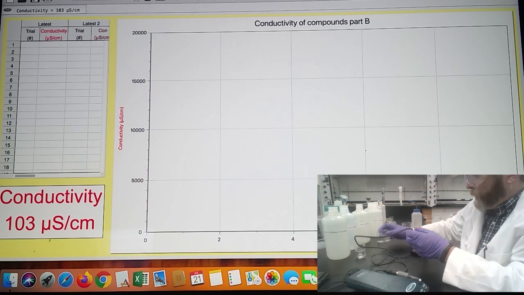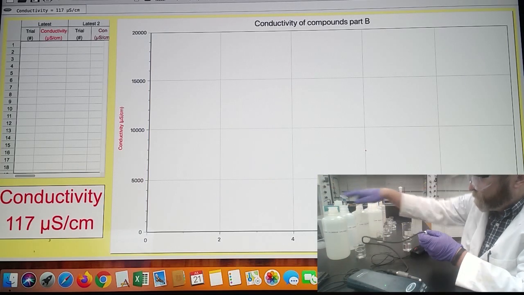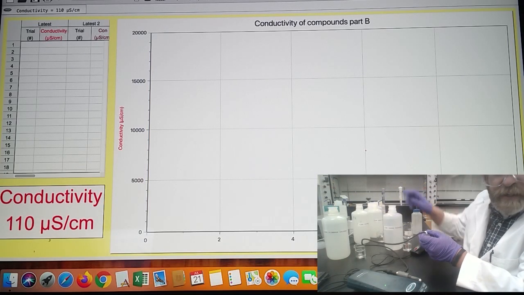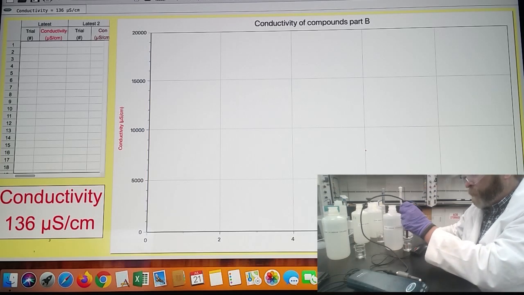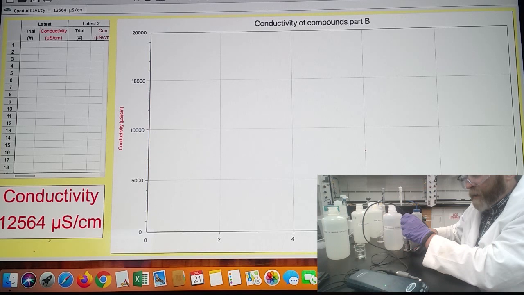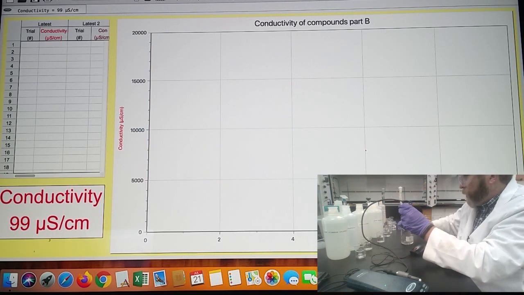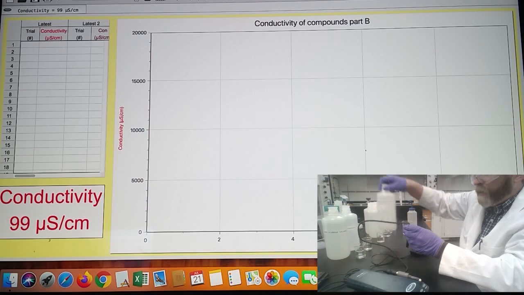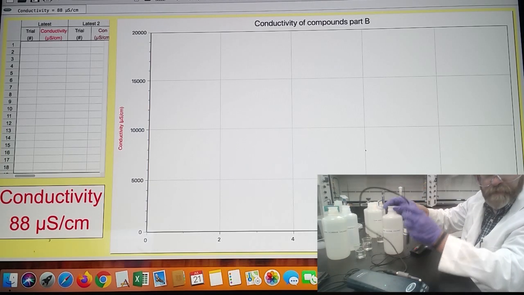Our next substance is sodium phosphate, seen here on the bottle. We're going to put it into the beaker now. And you can record your value now for sodium phosphate. Our next substance is calcium chloride.